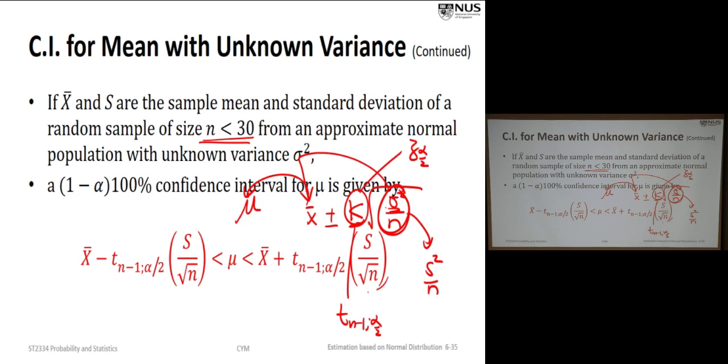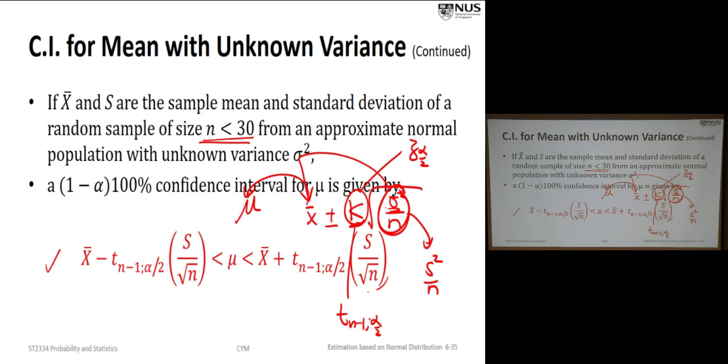But remember, so far what we discussed is assuming that you have a normal population. The sample is taken from a normal population. So, if n is bigger than 30, can I still use this? Yes or no? Of course, yes. It has nothing to do with the sample size, unlike the central limit theorem, where you require the sample size to be big.